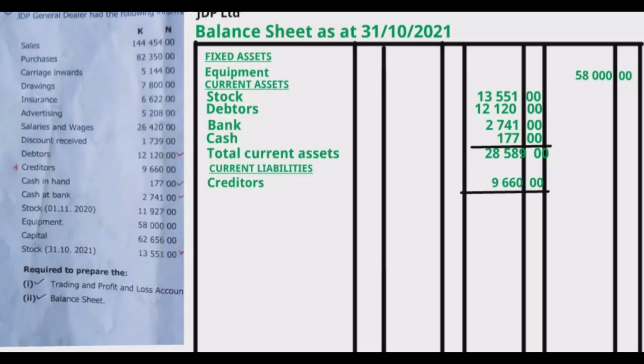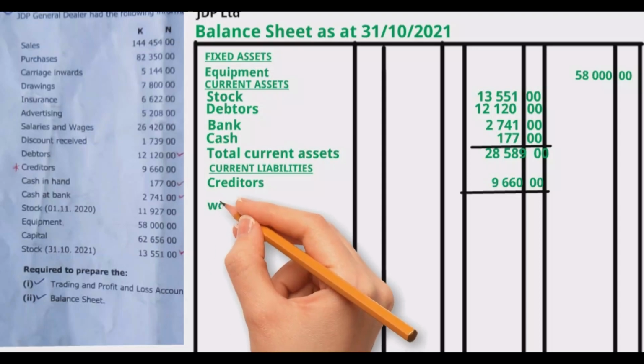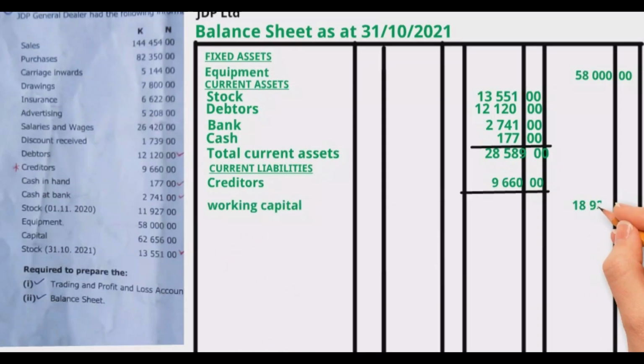The difference of current assets and current liabilities will give us the working capital. So we write working capital. When we find the difference of 28,589 and 9,660, it will be 18,929, which is the working capital.